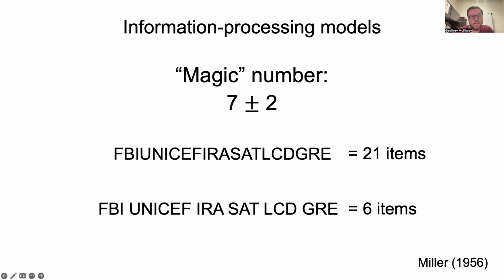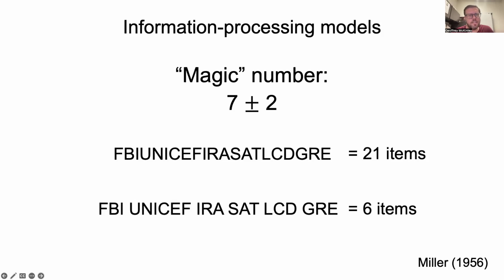So FBI is the Federal Bureau of Investigation. I don't know what UNICEF stands for, but it's a popular charity. IRA could be either your retirement fund or the Irish Republican Army. SAT, I think, stands for Scholastic Aptitude Test.